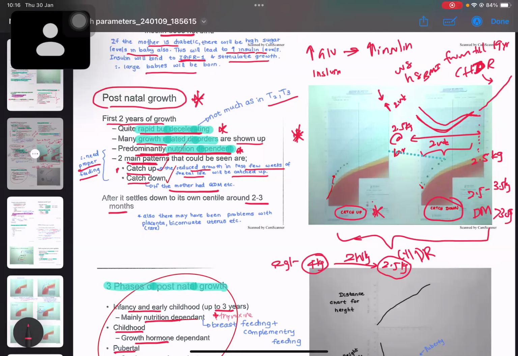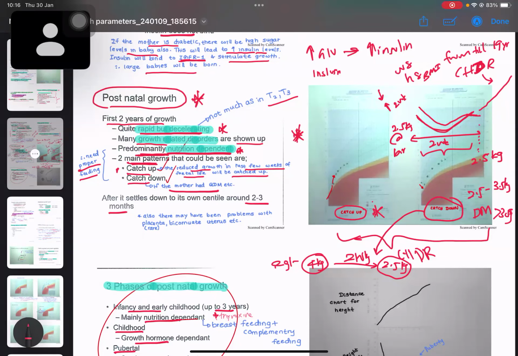So ultimately, after 2 weeks, the baby will return to normal birth weight. This is the catch down growth, because the baby reduced its birth weight, and ultimately after 2 weeks it came to the normal birth weight level. Okay, this is known as catch down growth.